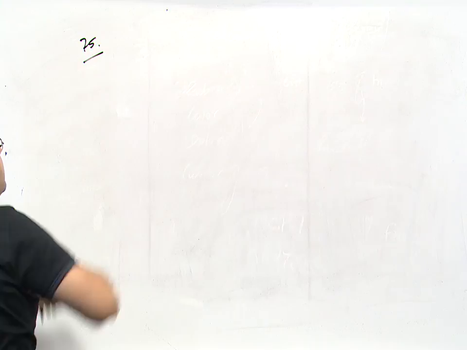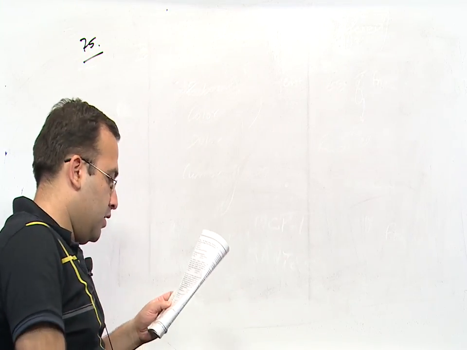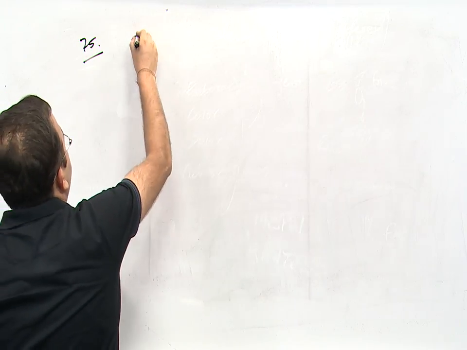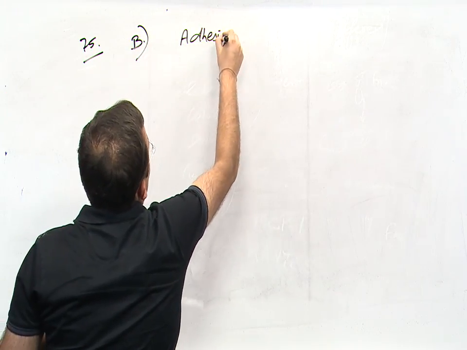Question 75. Bernard-Soulier syndrome is a defect in platelet adhesion. Easy.